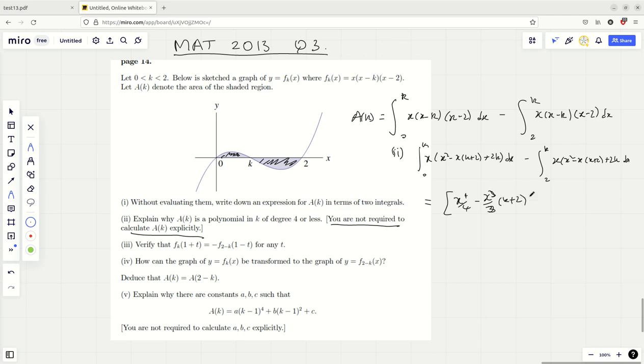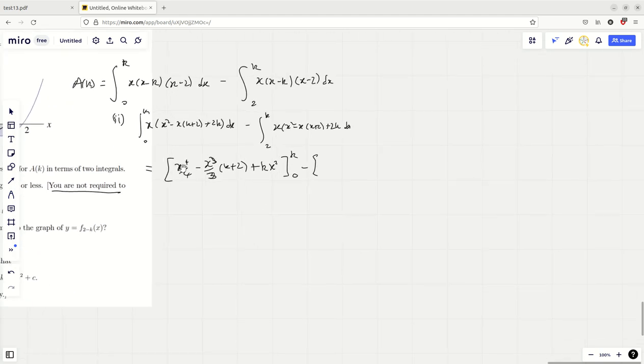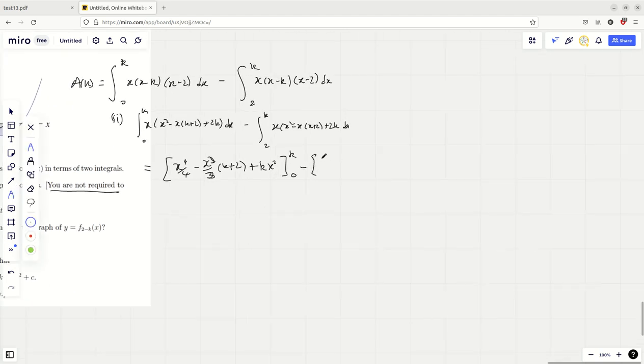And then, let me give my hand some more space. k x squared plus k x squared, because it's 2kx, between k and 0, and then minus something very similar next to it. Very similar, I say, well, an identical expression here. Give you a second to digest that. Hopefully you're absolutely fine with that.